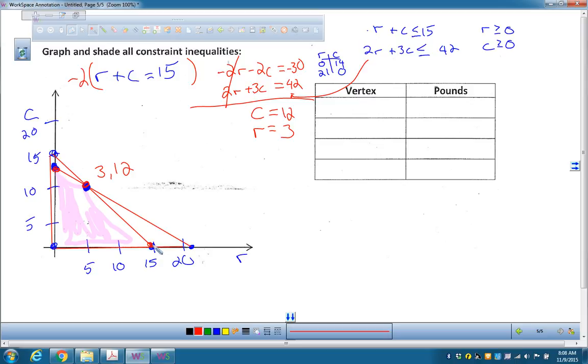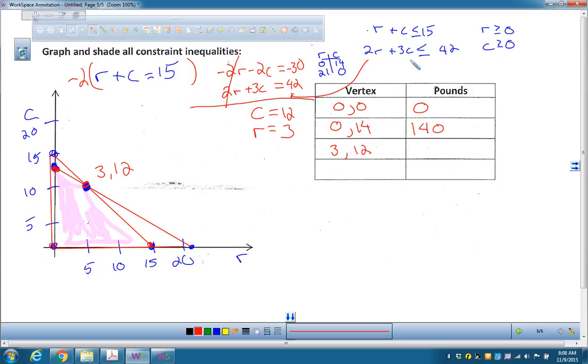Okay? Now I plug in the 3 points on the border. Okay, I should actually plug in all the points. So I'm going to plug in 0, 0, which is down here, which is going to give me nothing, right? I'm going to plug in 0, 14, which is this point, okay? And that one gives me 140, okay? I'm going to plug in 3, 12, which is the point I just found.